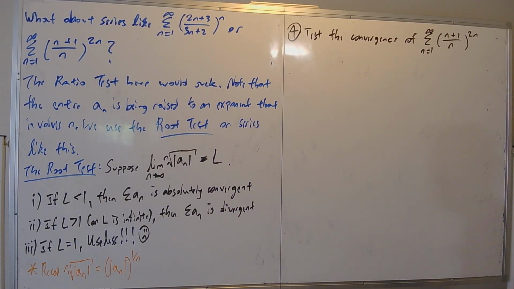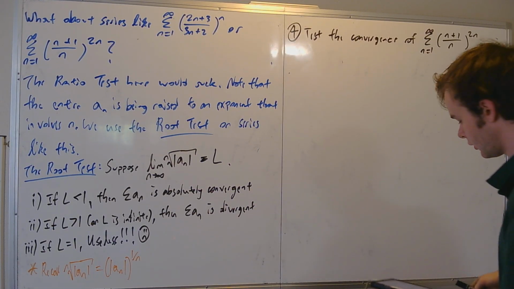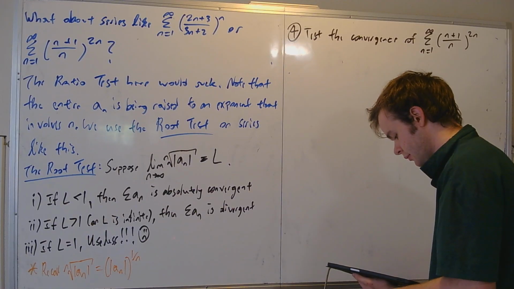So again, we see we have this weird exponent. Or we see that we have n in the exponent is what I meant to say. The whole thing is being raised to the power of n, or it's actually 2n, but n is inside of the exponent. So that's our clue that we might want to use the root test.